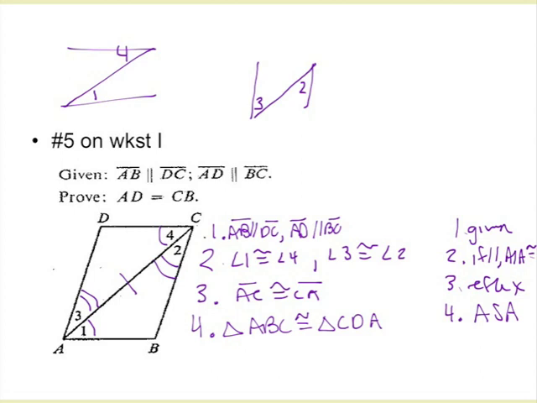We were asked to prove that AD and CB are equal, or that's just another way of saying that the 2 segments are congruent. I'm not going to be picky about the difference between when we use equals and when we use congruent. They really mean the same thing. So I can then say that AD is equal to or congruent to CB because corresponding parts of congruent triangles are congruent.